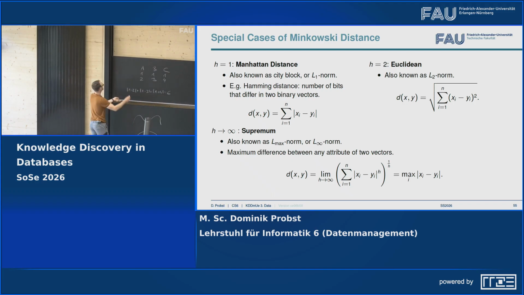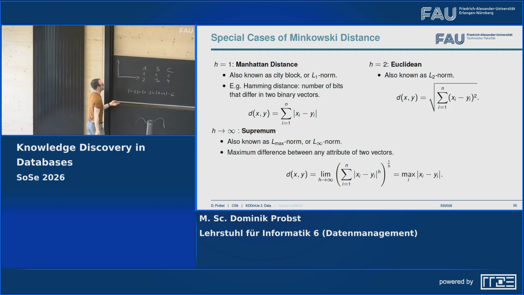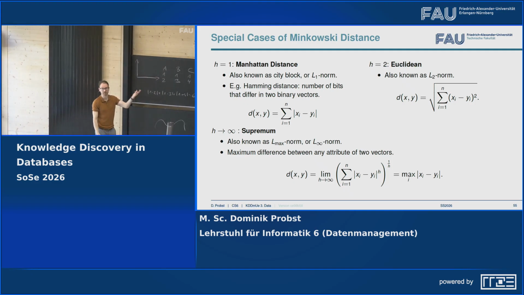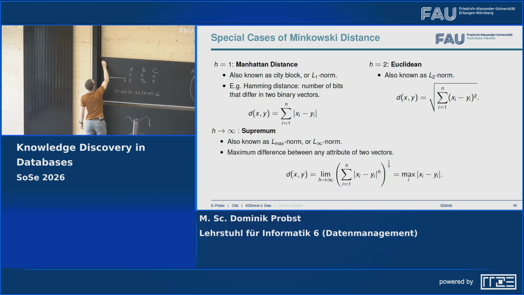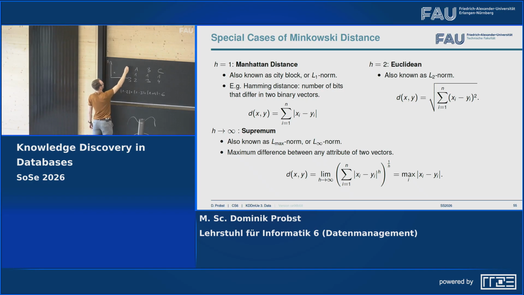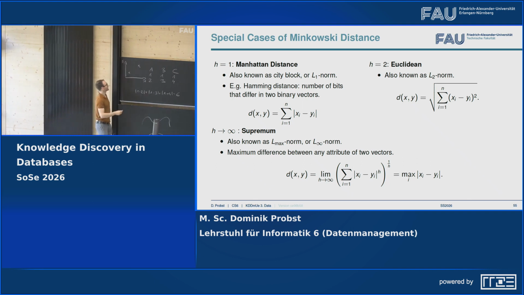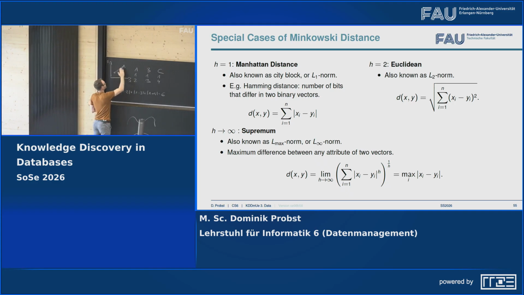The name Manhattan distance is pretty easy to comprehend if we take a look at a two-dimensional example. Let's say we have the two dimensions A and B, and we have a data point here, and we have a data point here. In the Manhattan distance, we would not compare the straight distance between the two, but rather we would take a look at this distance.